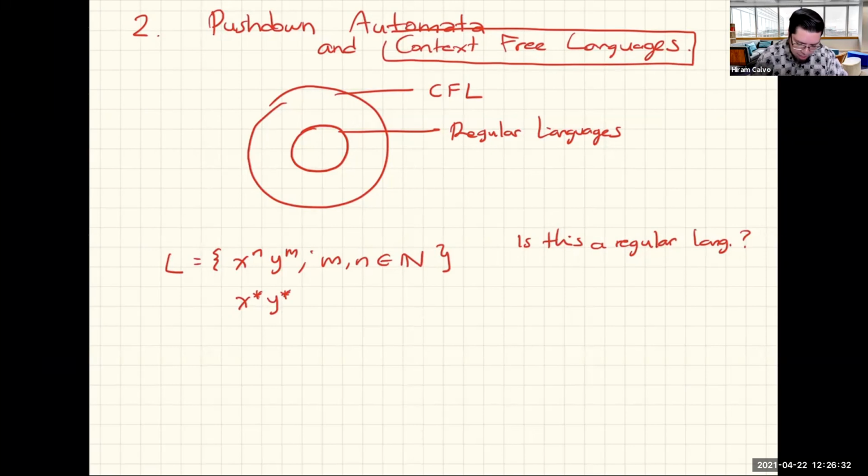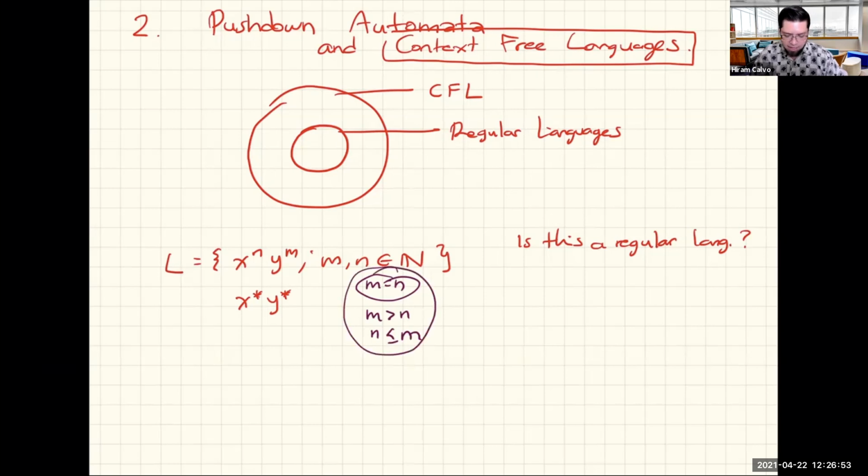Of course, if we change this to m equal to n, for example, adding this restriction, or m greater than n, or less than or equal to, any of these restrictions, immediately when I add any of them, this won't be a regular language anymore.